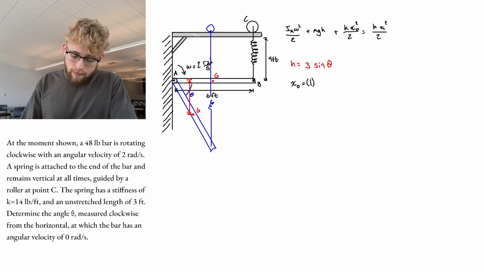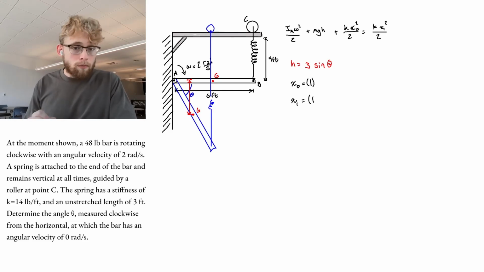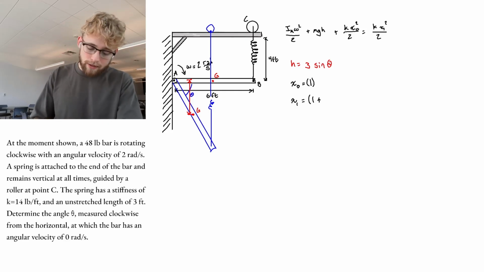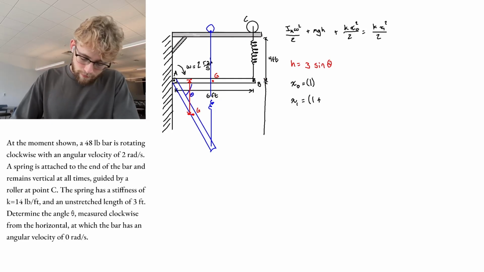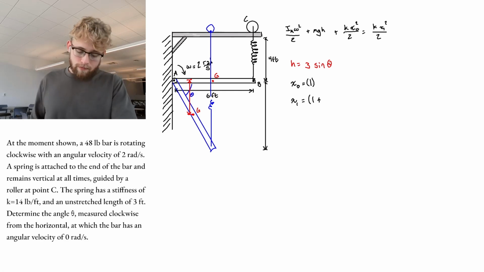All right. Now, x at the end is going to equal whatever our initial stretch, which was 1, plus whatever this distance here is. What is that distance going to be?